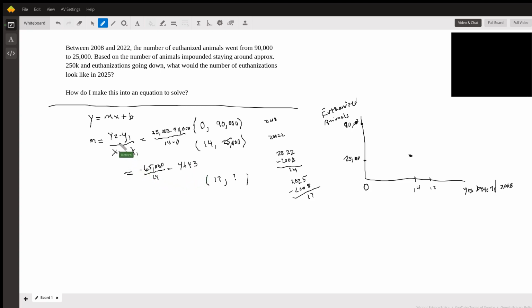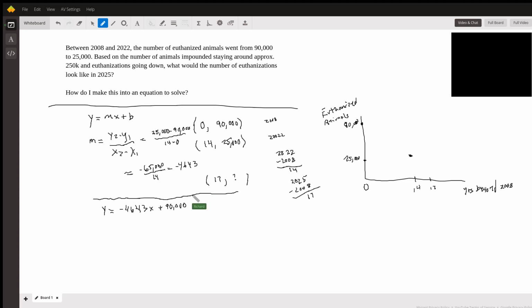That's my slope, m. I already know b. Remember, b is the y-intercept, and I have that right here. So now I can write the line as y equals negative 4643 times x plus 90,000, which is the y-intercept, which is b.